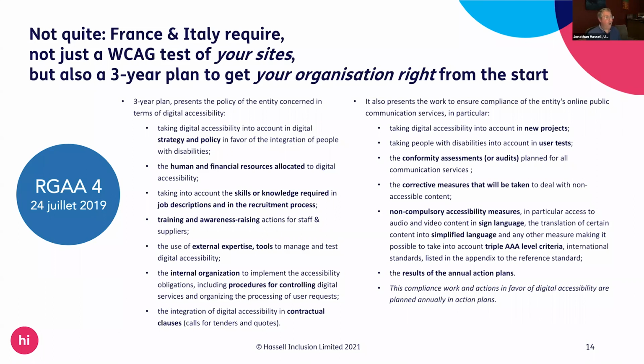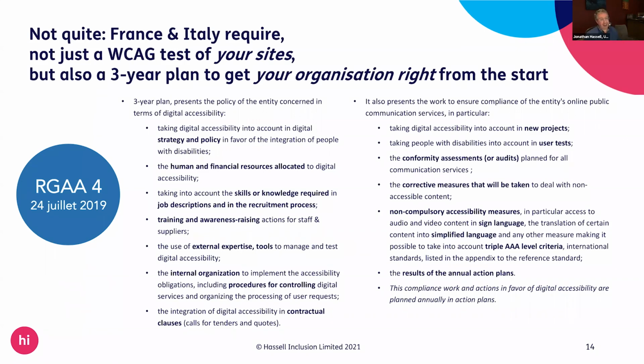So what they require, this is direct from what they call RGAA4. It's actually 4.1. This came out about the middle of 2019 and was refreshed again last year. They don't just want organizations to get to WCAG 2.1 and all of those sorts of things. They want, and in fact, they require public sector organizations to publish a plan for how they're going to get good at accessibility in all sorts of different areas.